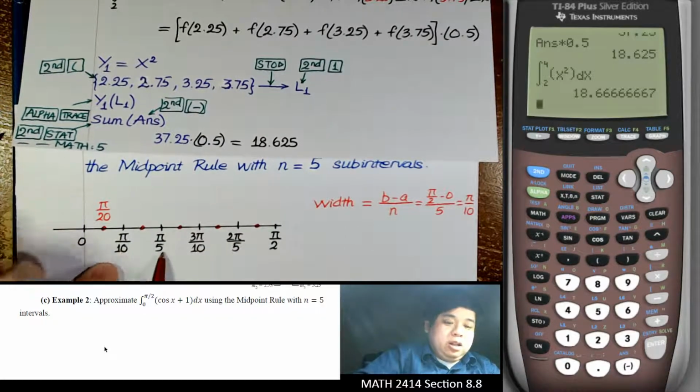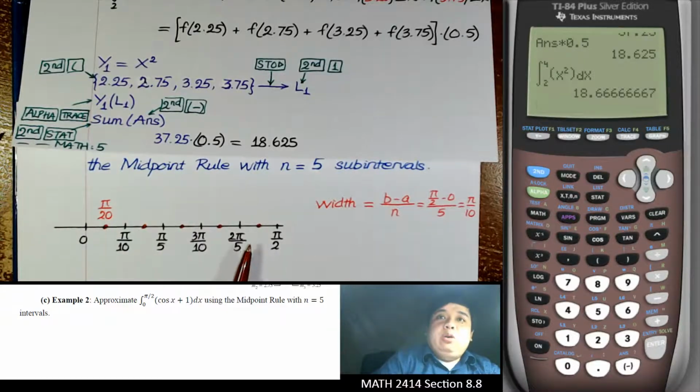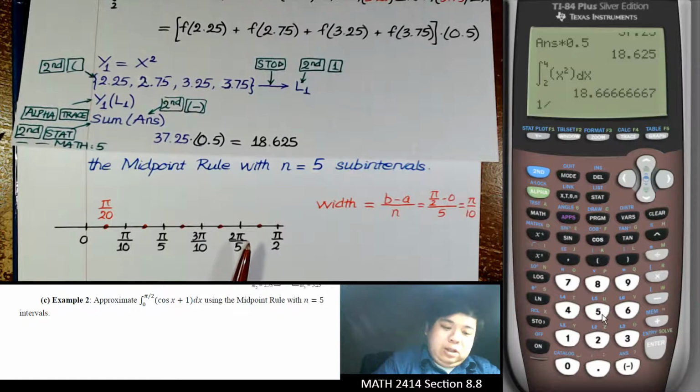And between this, we just add the midpoint, so 1 over 5 plus 1 over 10.